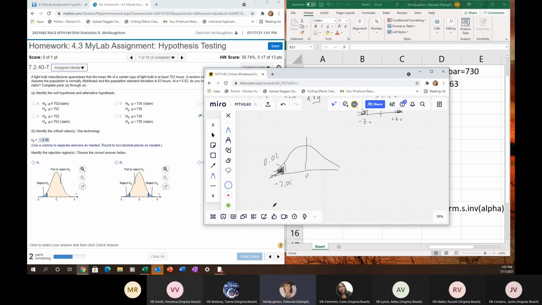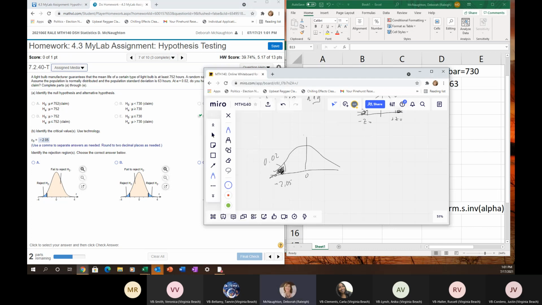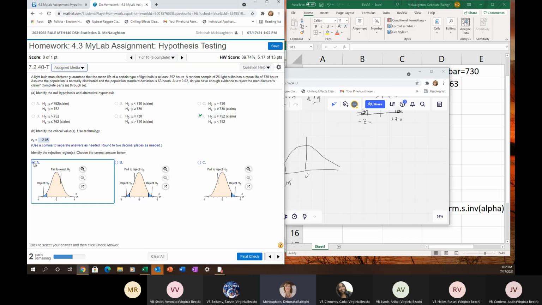So when they draw this, and this is where we would reject H naught, they didn't put that value in here, but you can see that it's marked at negative 2.05, they just didn't write it on the graph. So I just wanted you to know that this does match this. So that's what this is saying. This rejection region, we're going to reject H naught if we get a calculated test statistic that falls in this region out here, which is less than negative 2.05. So this is the one for the left-tailed test.